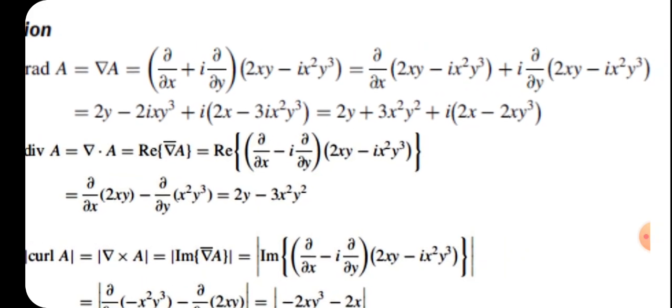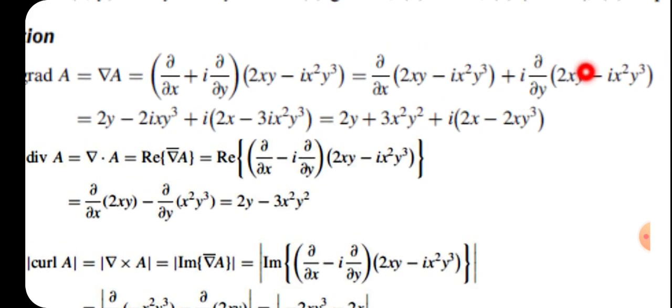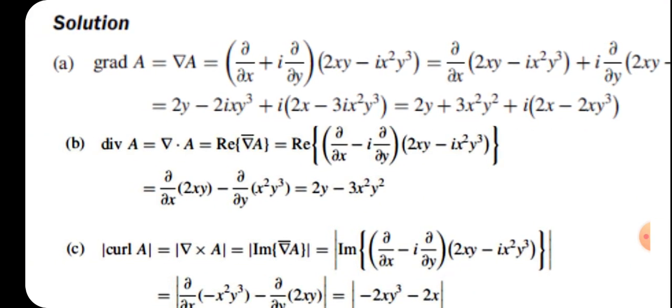And similarly, you can distribute i partial y to this bracket, and finally you can get i as a common factor here, and this is the final answer of the first part, which is gradient A.